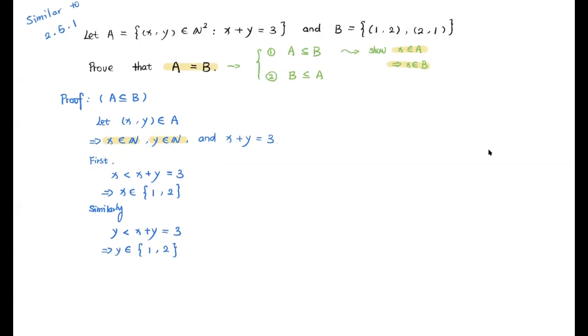In other words, our (x, y) can have the following possibilities. We might have (1, 1), that's when x equals 1, y equals 1. We might have (1, 2). We might have (2, 1). And we might have (2, 2).